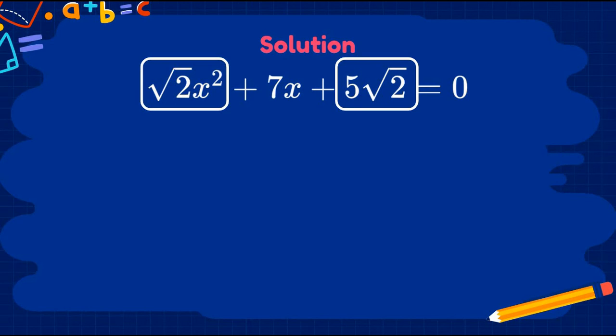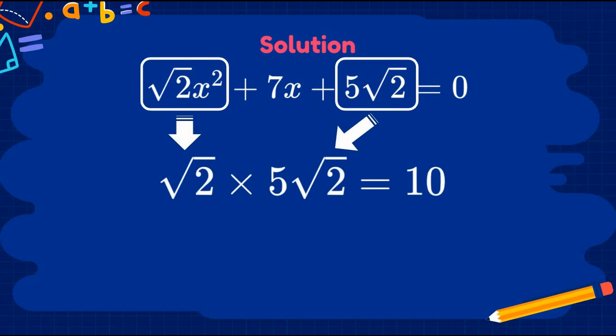The constant term and the coefficient of x square are really important for solving this quadratic equation using the factorization method. The next step is to multiply these both. So we multiply the coefficient of x square, which is root 2, and the constant term, which is 5 root 2.